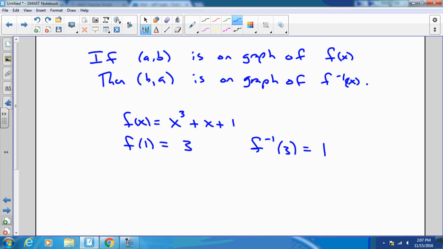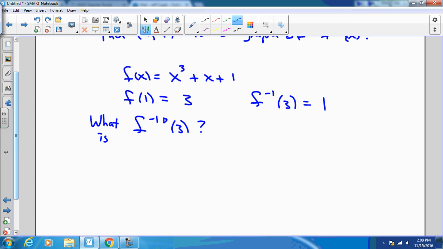I don't have a formula for f inverse, but I do know that f inverse of 3 is equal to 1 for the simple reason that f of 1 is equal to 3. Does that make sense? So now I ask the question, what is f inverse prime of 3?